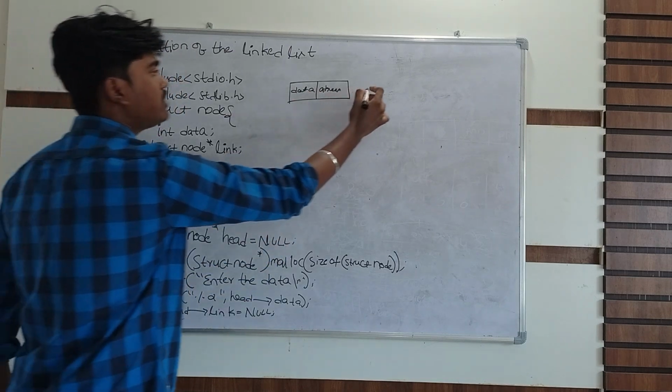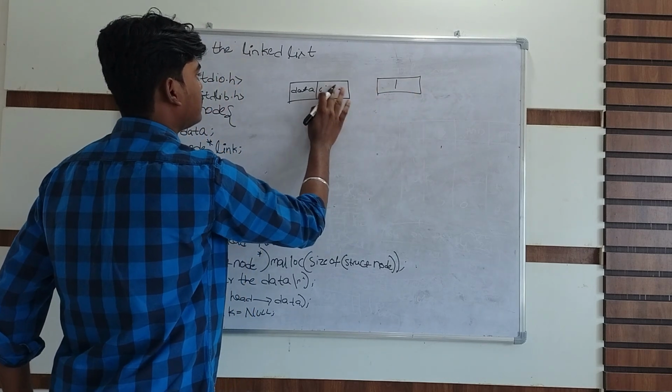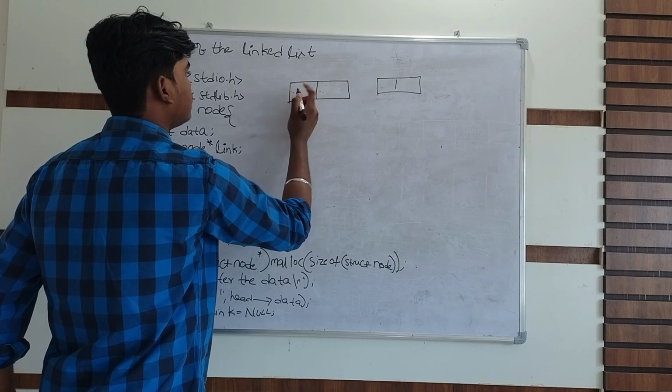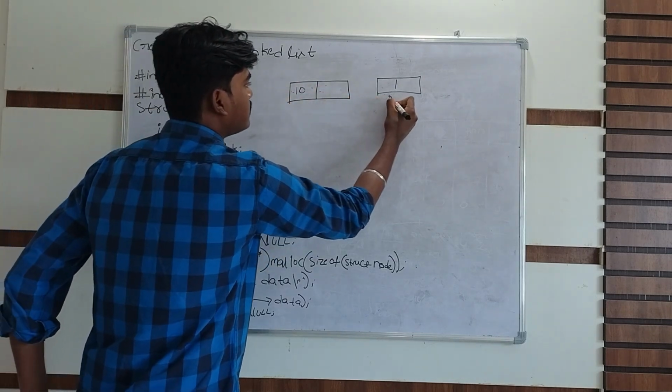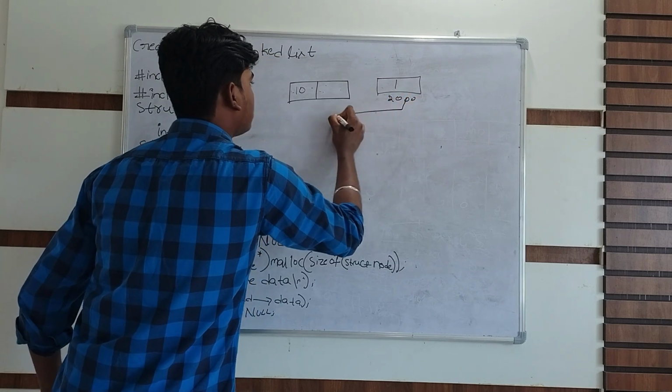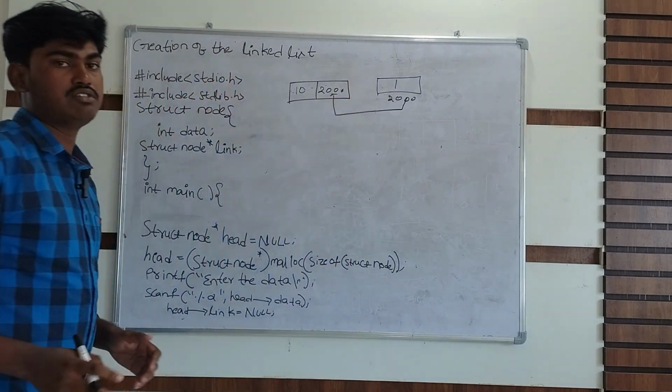In this address part, it will link to another node's address. For example, if the data is 10, this address 2000 will be stored here. All this we discussed in the previous class.